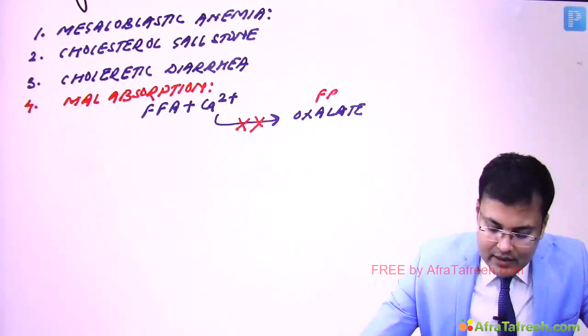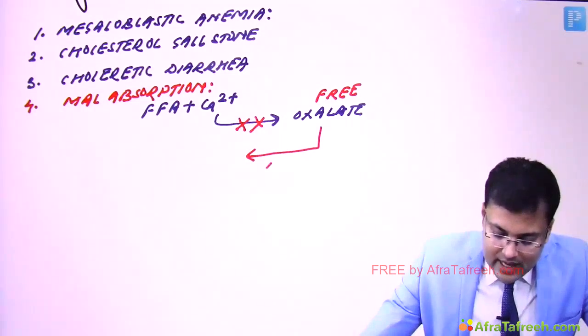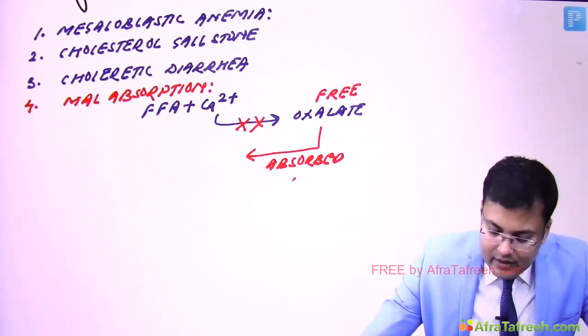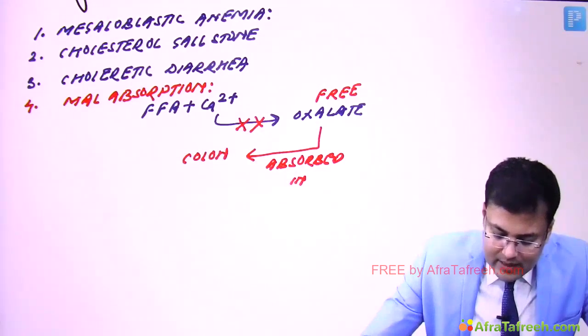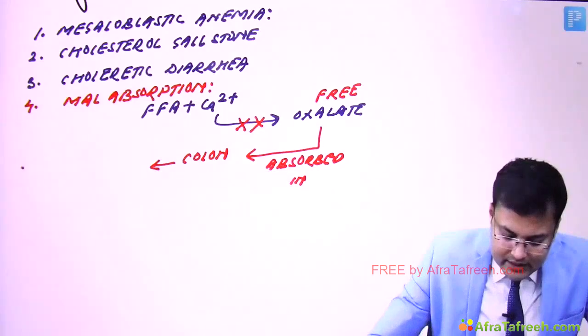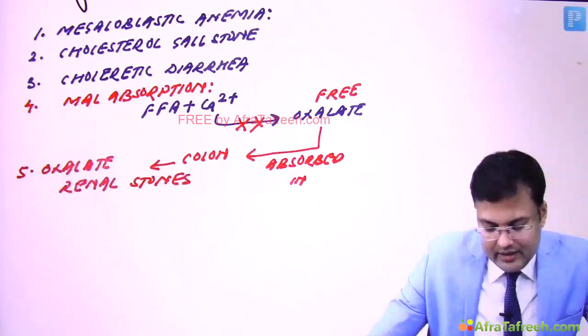So the oxalates are free, and these free oxalates are absorbed in the colon. If free oxalates are absorbed in the colon, there is increased risk of oxalate renal stones.